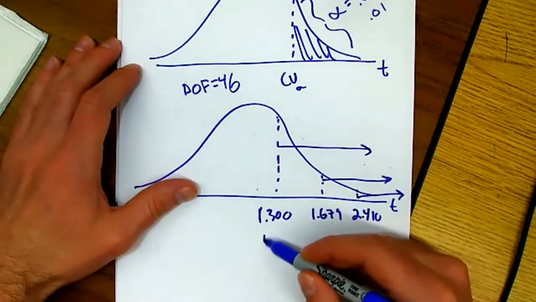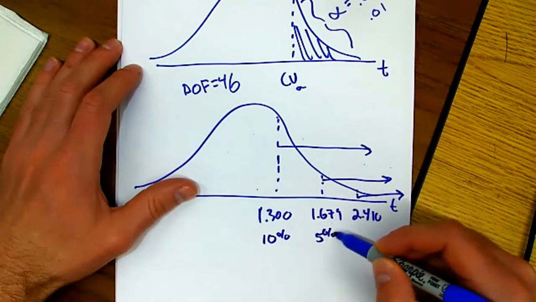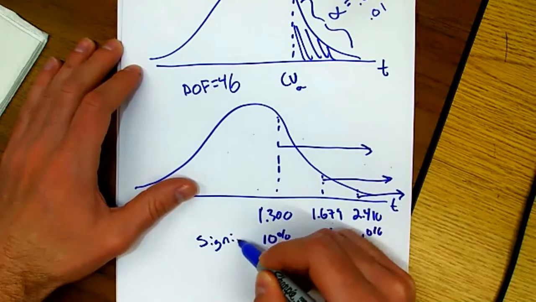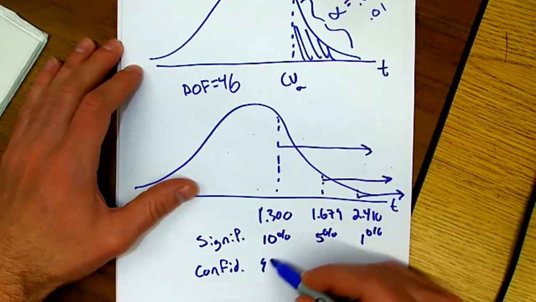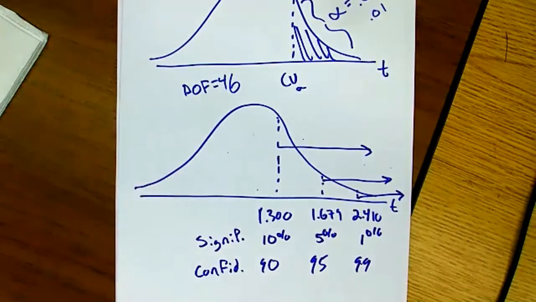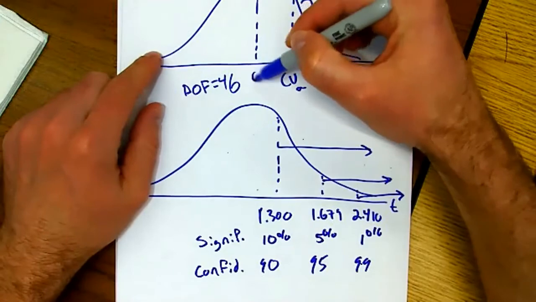So just as a reminder, this corresponded to the 10%, 5%, and 1% significance levels, which, if we think about the confidence levels, would be 90, 95, and 99. Okay? Now, one thing we could have known right away is that the student t-distribution is centered around 0.